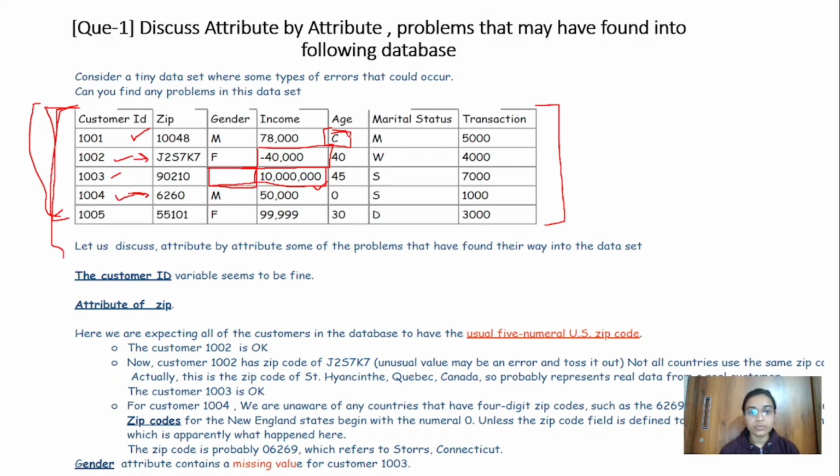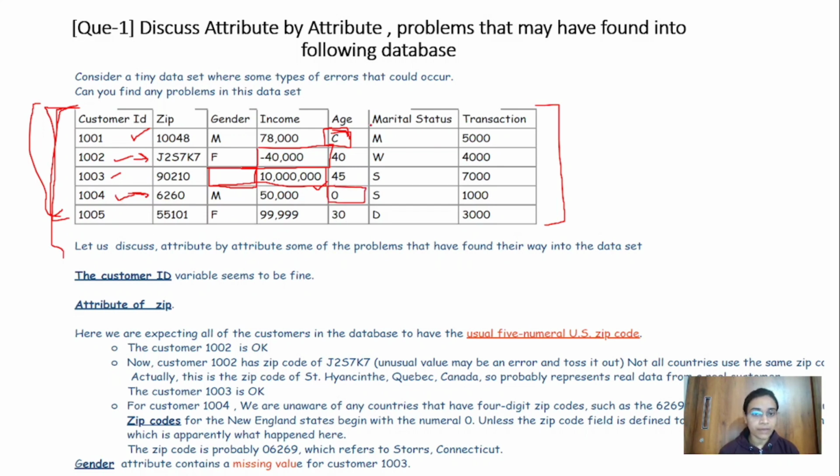Now, in the age attribute, every member has age as a numerical value except customer ID 1001. It has age as an alphabetical value, which is definitely not possible, and the age of customer ID 1004 is 0.